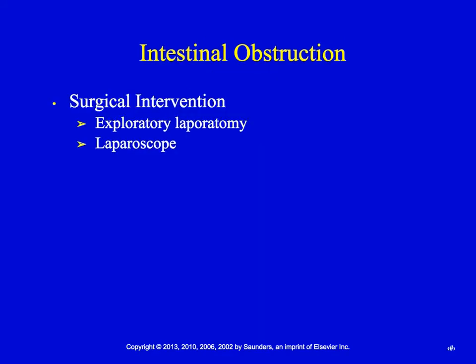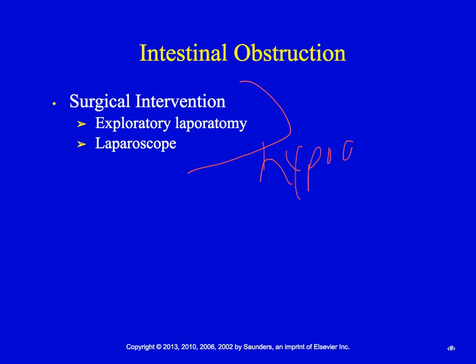This is just a list of the surgical interventions that may be appropriate for an intestinal obstruction. Postoperatively, you're going to monitor the patient as far as pain, discomfort, bleeding from the site, watch the site. And then the other thing is their bowel sounds are going to be pretty hypoactive postoperatively.